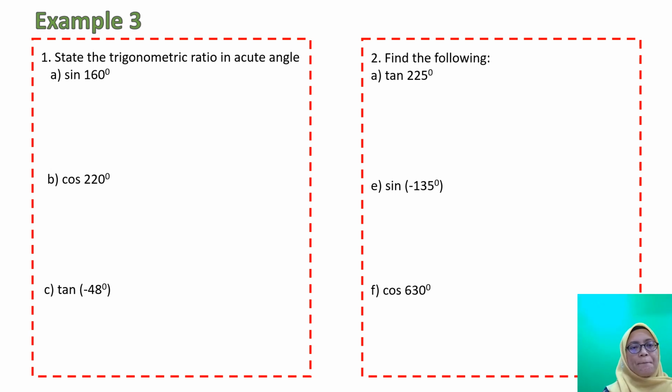Okay, so then example 3 state the trigonometric ratios in acute angle. So dia dah mention acute angle. So saya remind balik, acute angle is theta is in between 0 to 90. Okay, so sin 160.